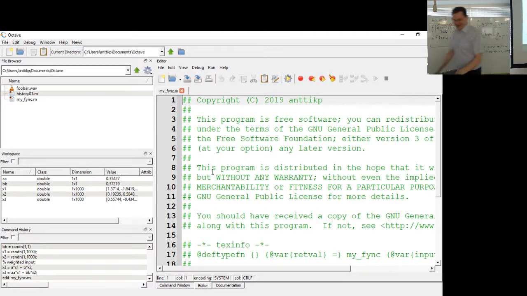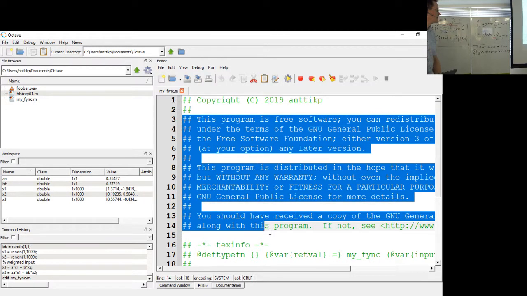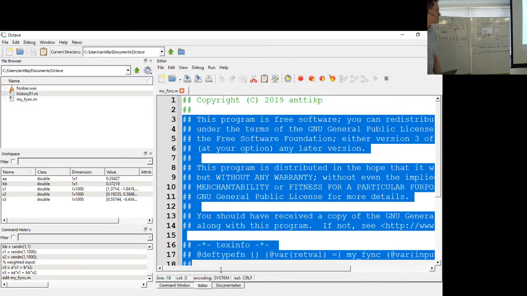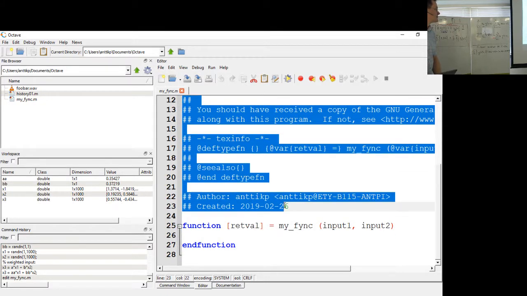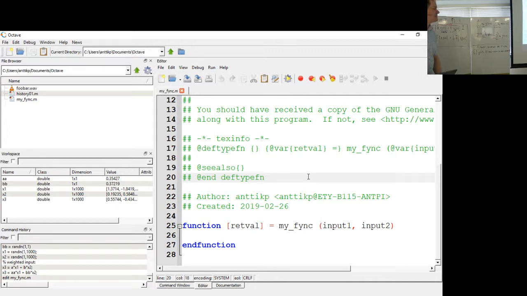That's nice. I will get rid of most of it. You might actually just leave this one here. So this will also be the help file. Whatever is at the beginning up here, when you type help, it appears on your screen.